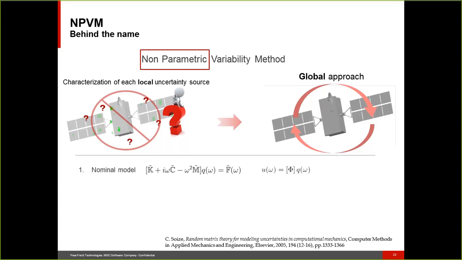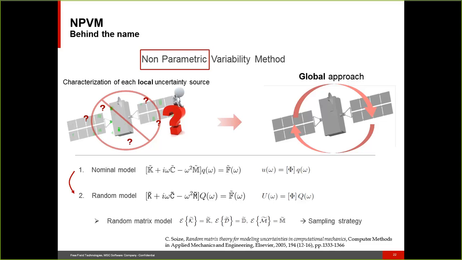Well, we start from a nominal model, that is your current model, described by its system in modal coordinates, and we build based on it a random model. To do so, random matrices of stiffness, mass, and damping are created using a sampling strategy.